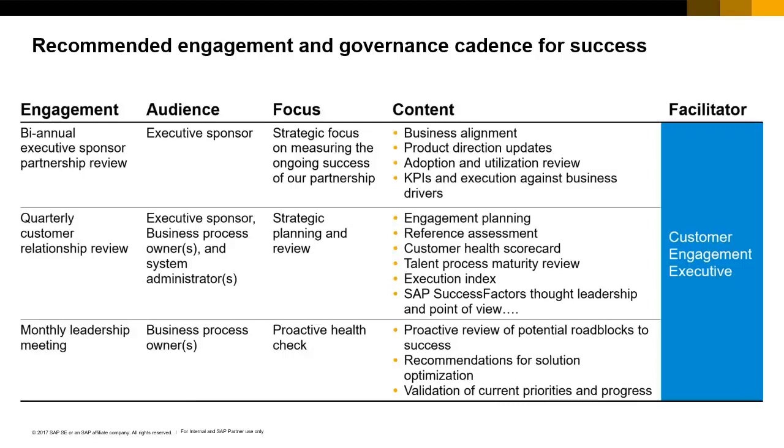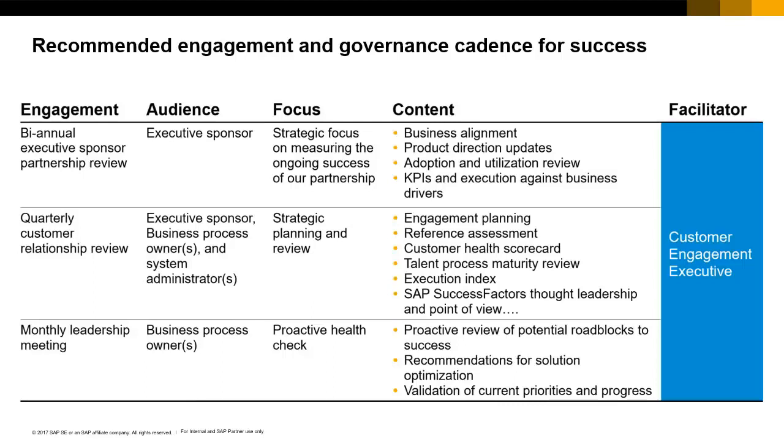These meetings also provide the forum to review the customer's success against their business drivers and measure the ongoing success of the partnership and reinforce the value that the customer is receiving from their investment in SAP SuccessFactors solutions. Like in the account governance matrix, you will notice a trend from the strategic to the tactical. And just like account governance, it's important that all of these conversations are happening throughout the year.